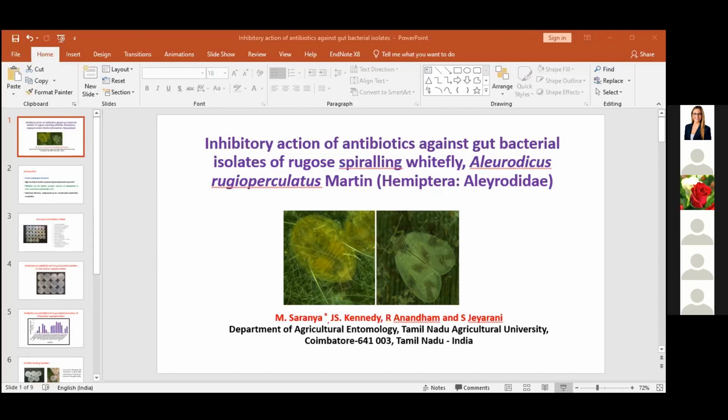And also, these samples were subjected to metagenomic analysis, and there we found that the major secondary symbionts of whiteflies, like Wolbachia, Serratia, and Candidatus Tremblaya, were removed.